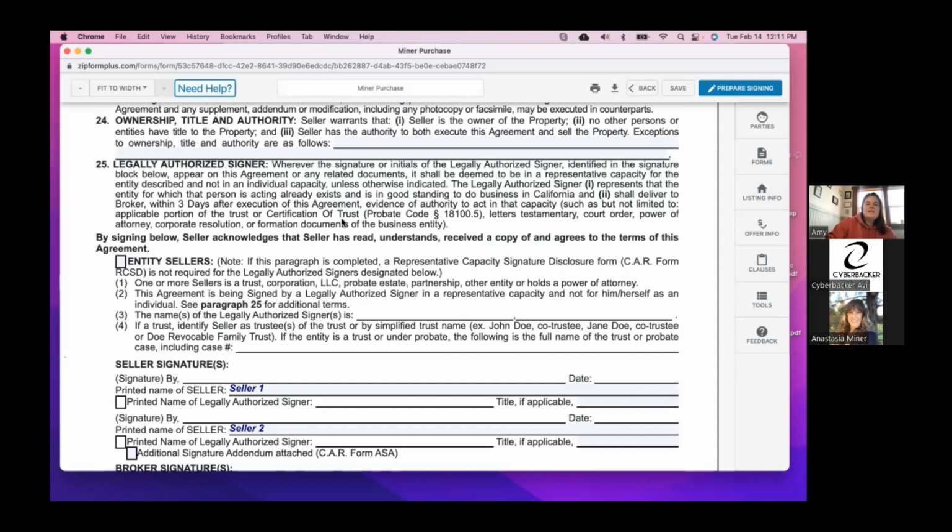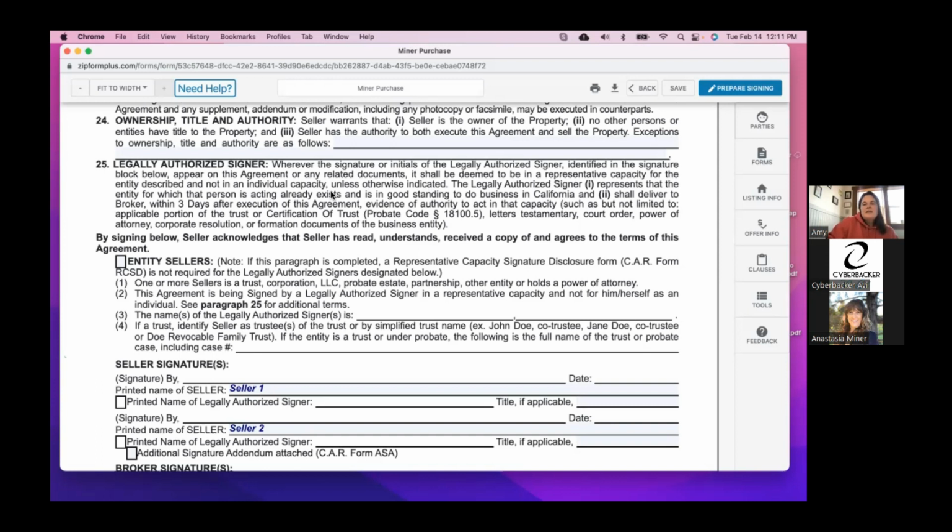Legally authorized signer. Whenever the signature or initials of the legally authorized signer identified in the signature block below appear on this agreement or any related documents, it shall be deemed to be in representation capacity for the entity described and not in an individual capacity unless otherwise indicated.